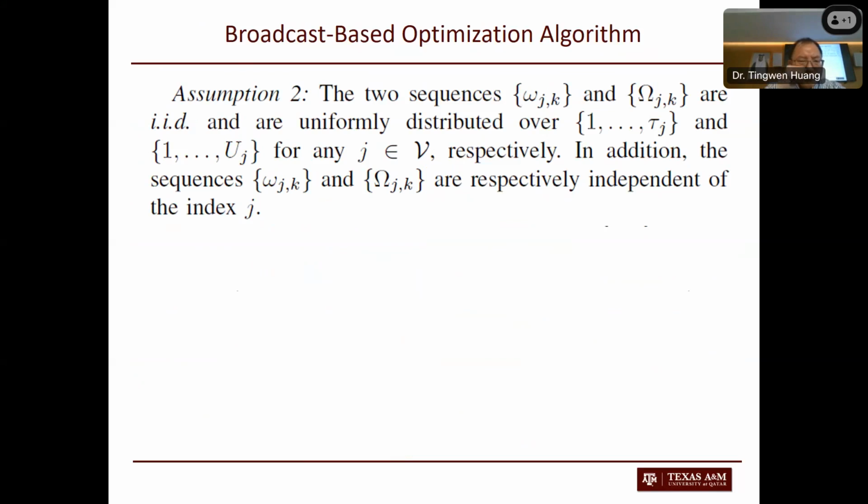And for the set 1 to uj for any j respectively, this is uniformly distributed. In addition, the sequences are respectively independent of the index j.